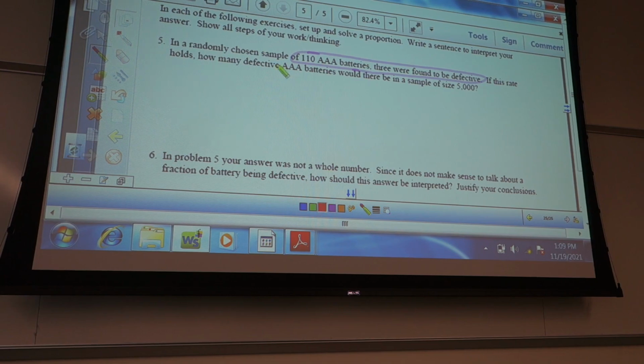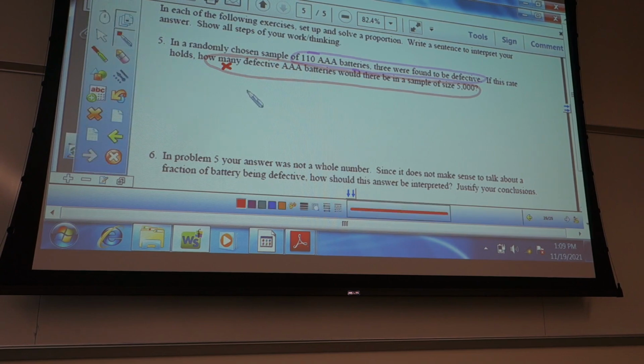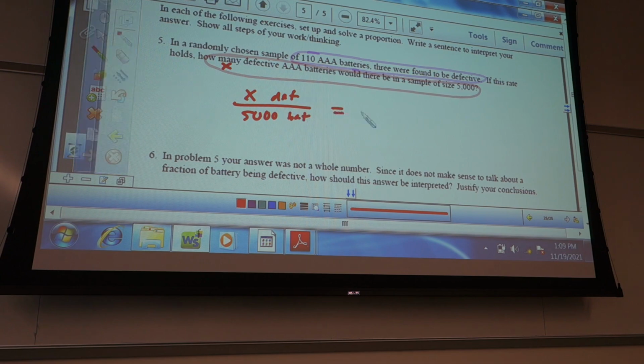So then we say how many. Again, how many is your x? How many would there be if you had 5,000 batteries? So again, you're going to want to put your x on top: x defective out of 5,000 batteries equals, and then figure out which one goes on top, which one goes on bottom for your other piece.